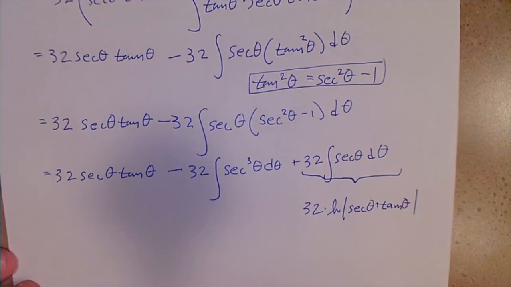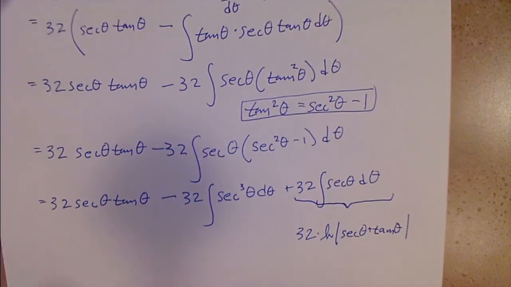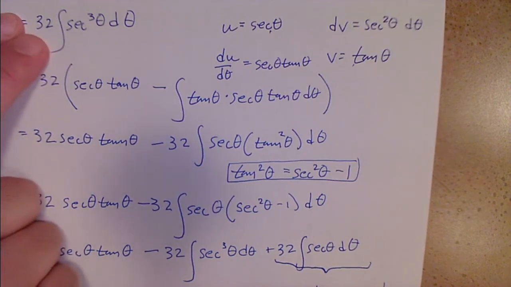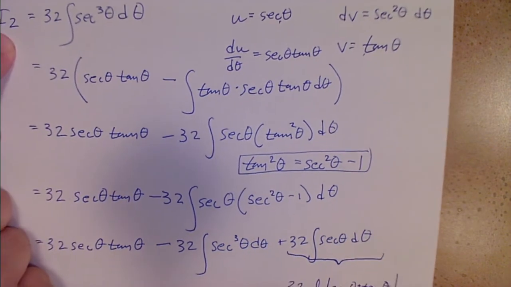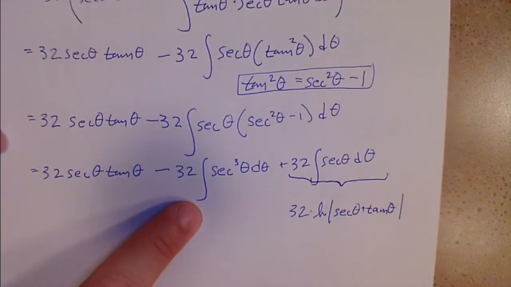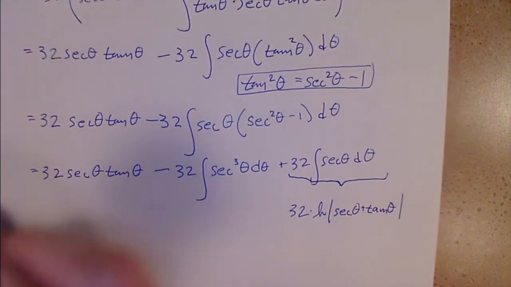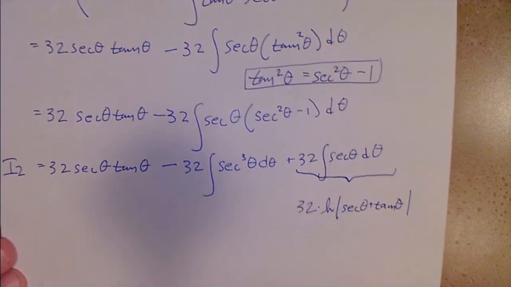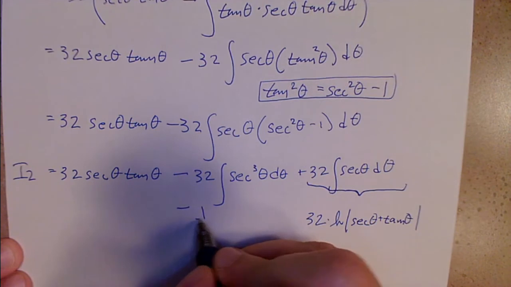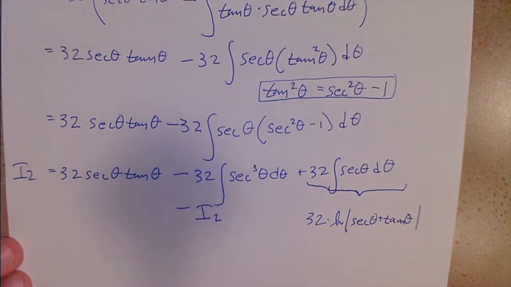What about the secant cubed theta? Well, that's what we've been doing this whole time. The reason why I like this problem is because I'm calling I2 this thing right here, and I2 makes another appearance within itself. So remember, this is equal to I2 right here. And as a matter of fact, this is minus I2 right here.